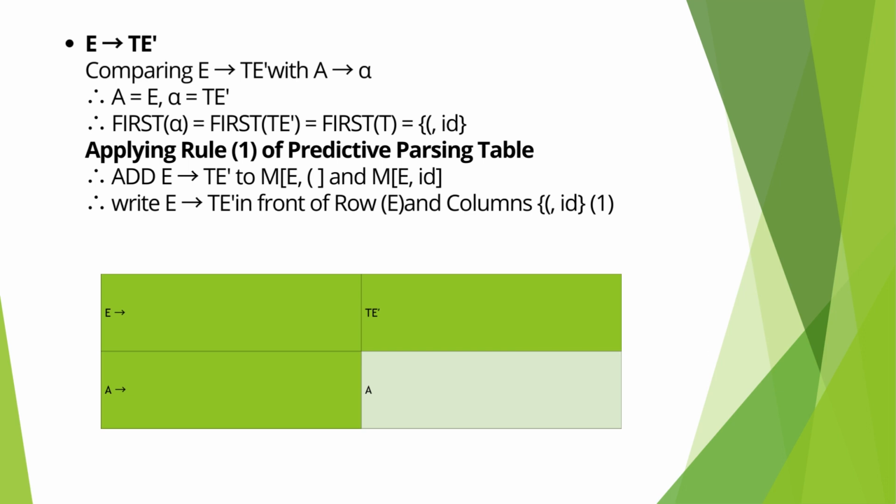So first of alpha is equal to first of TE dash, which gives first of T. And first of T is bracket and id. So by applying the rules of the predictive parsing table, we will add E tends to TE dash to M[E, bracket]. After writing, we will fill the values in the rows and columns in front of those non-terminals.